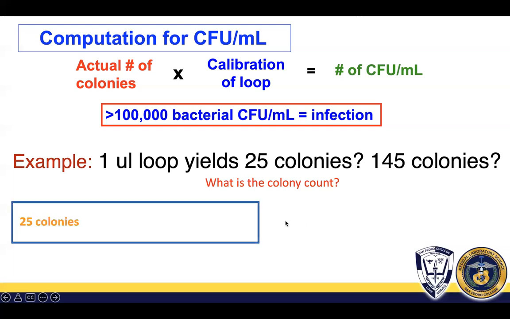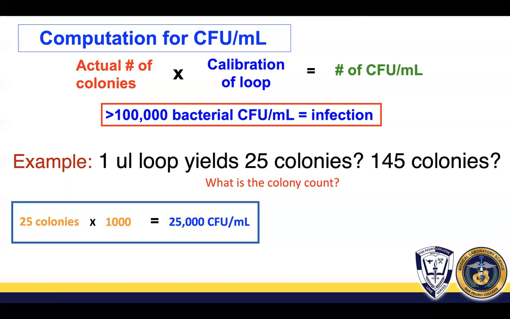For 25 colonies using your 1 microliter loop, the calibration factor is 1,000, again because there are 1,000 of 1 microliter in 1 ml. Hence, 25 times 1,000 is 25,000 colony forming units per ml.